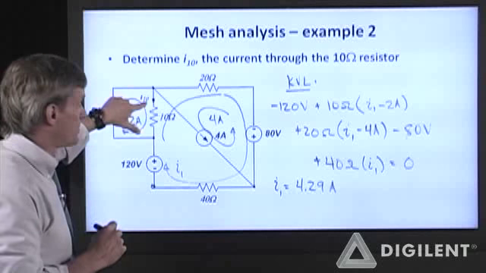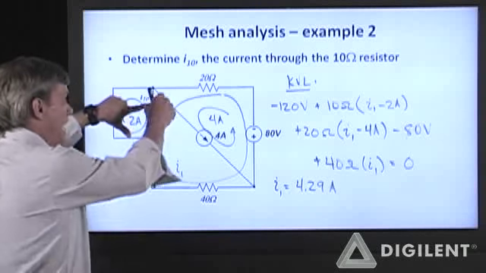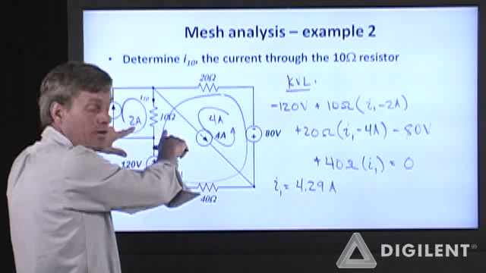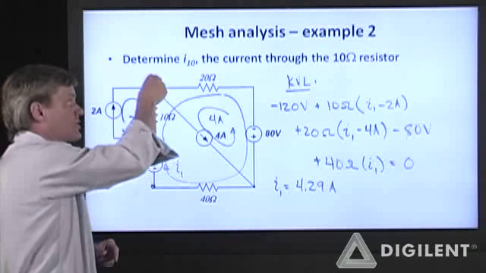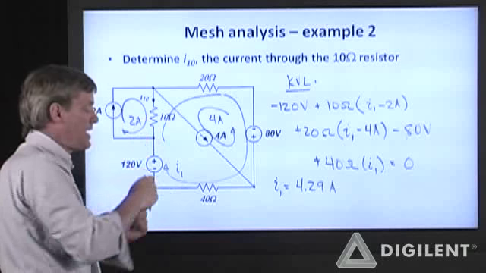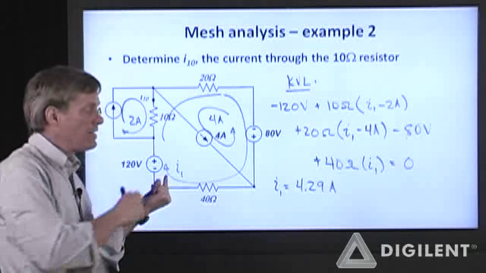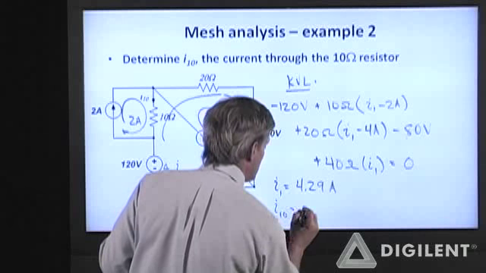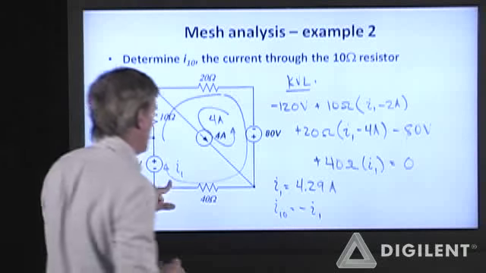So this current here has I1 and a 2 amp constrained current going through it. My assumed positive direction for I10 is opposite to I1, so I1 is actually a negative contribution to this. So I10 is equal to minus I1.